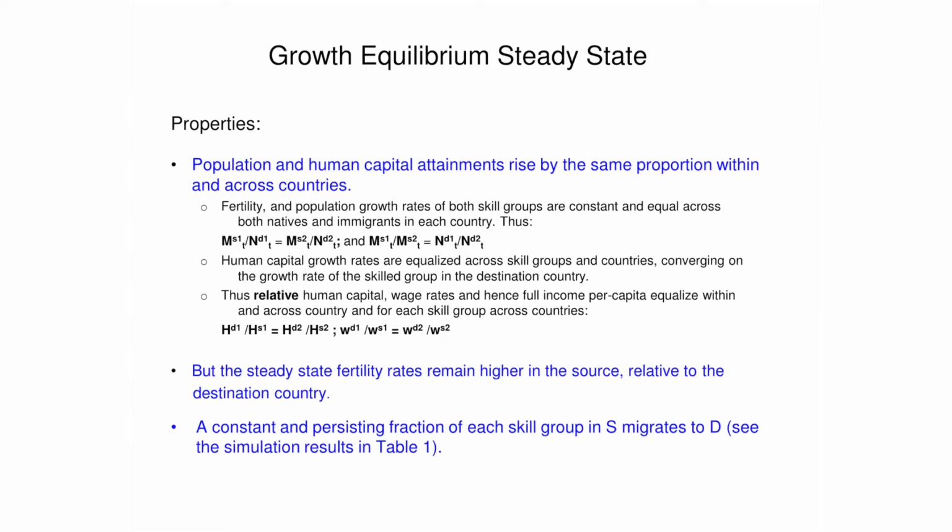And that's obvious because the sending country sends its people across the oceans or the borders, as the case may be, to the receiving country. And it actually continues to produce a higher rate of fertility, not population growth.